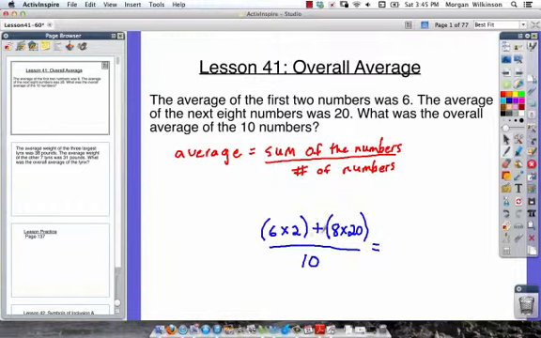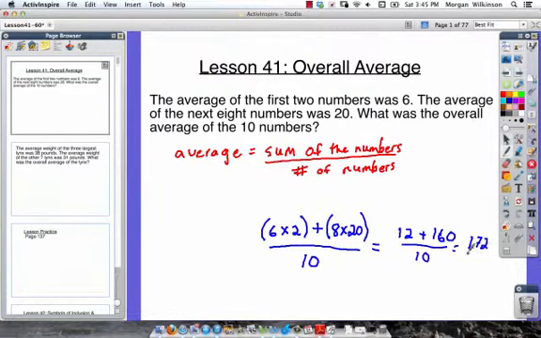So when we go through this problem, we can see we have 6 times 2, that's 12, plus 8 times 20. Well, 8 times 2 is 16, add on a 0, we get 160, and we're going to divide that by 10. Now we know 12 plus 160 is 172.